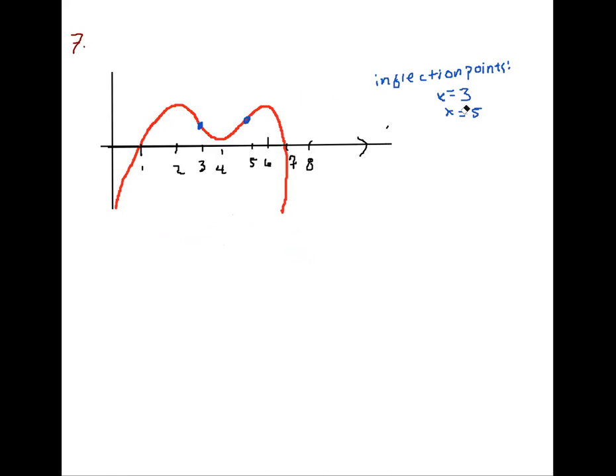What if this is not f of x? So I know where my inflection points are if it is f of x. What if this is actually f prime of x, they just gave us f prime of x? How does that change? What are inflection points to f prime of x?